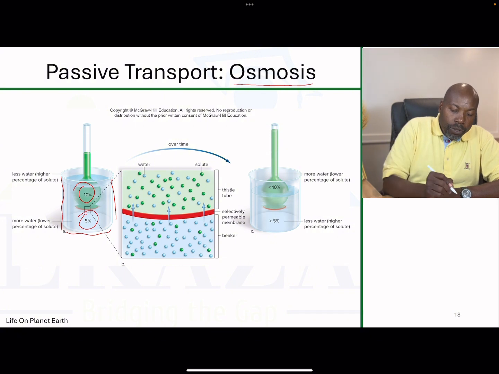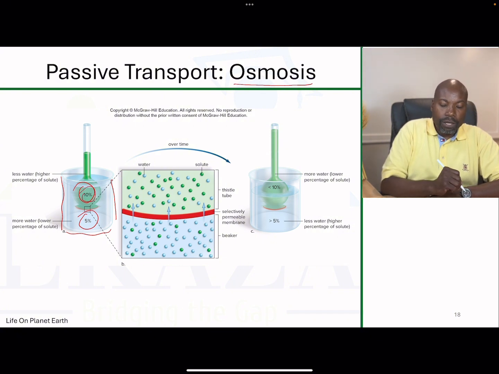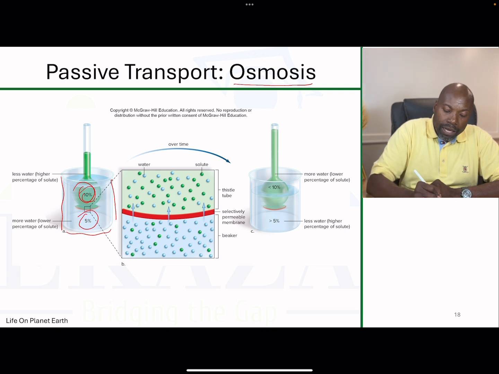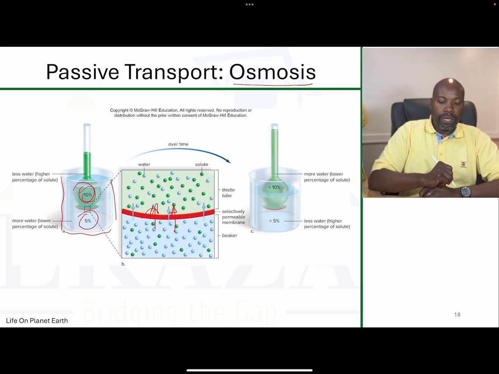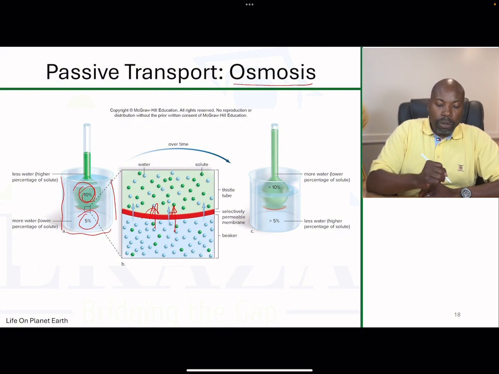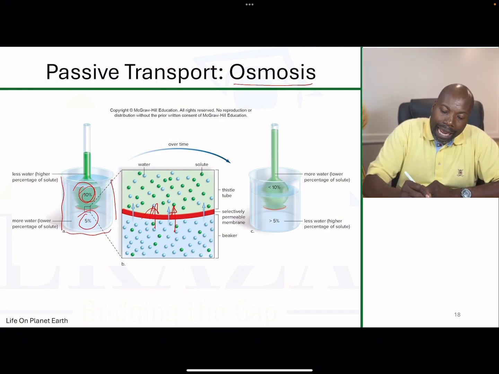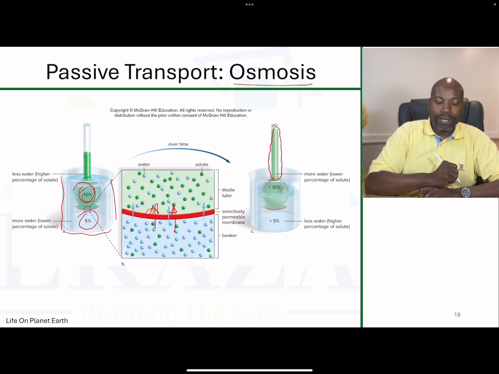Because the concentration of the solute is higher inside of the cell, what do we see? We see a net movement of water molecules inside, right? And as these water molecules go inside, the volume of the solution inside is going to increase, right?